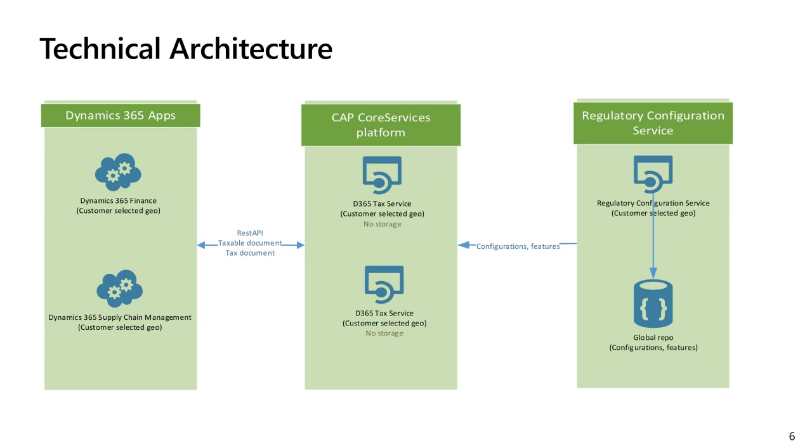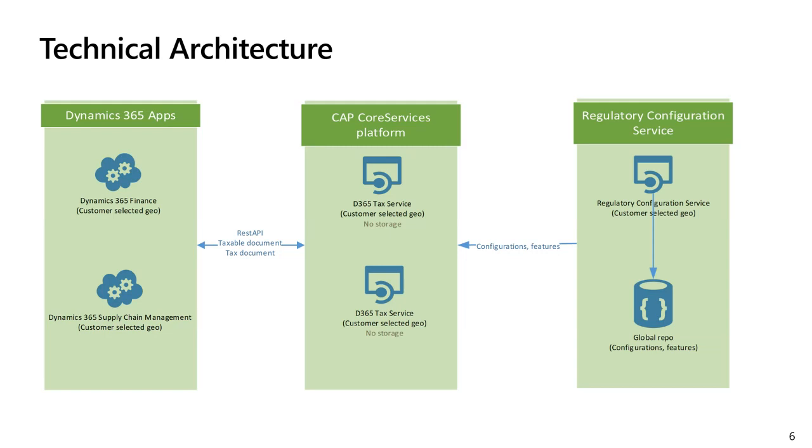Okay, and once this simple setup is done, the next step is running a normal sales order or purchase order as you do today. When tax calculation is requested, it will send the taxable documents to our tax service. The tax service will perform the calculation based on the feature identifier.